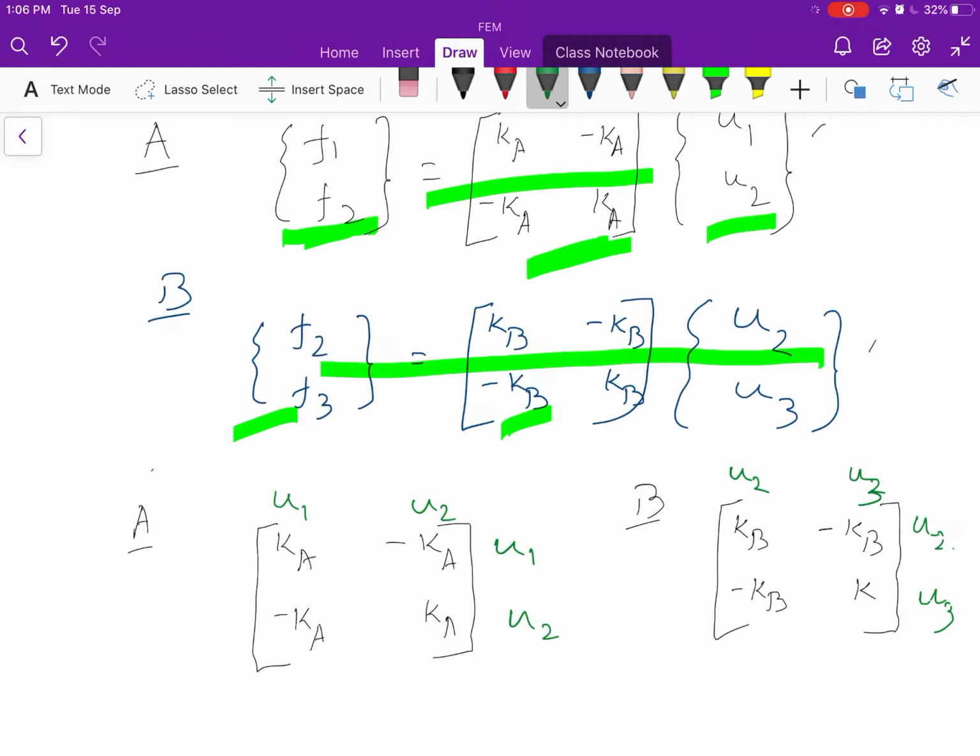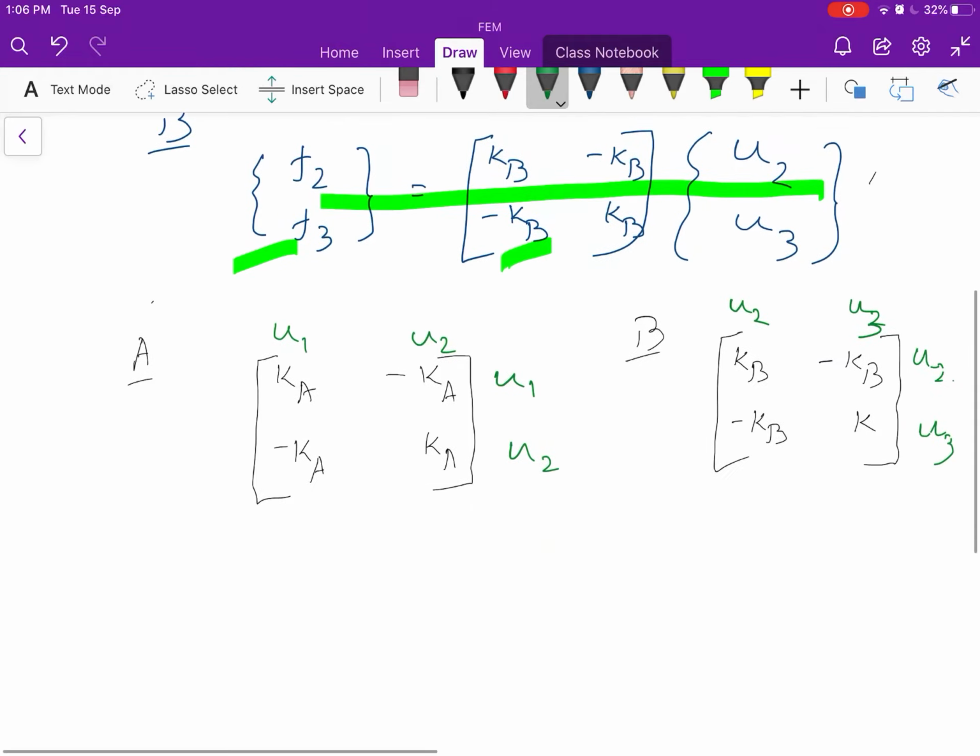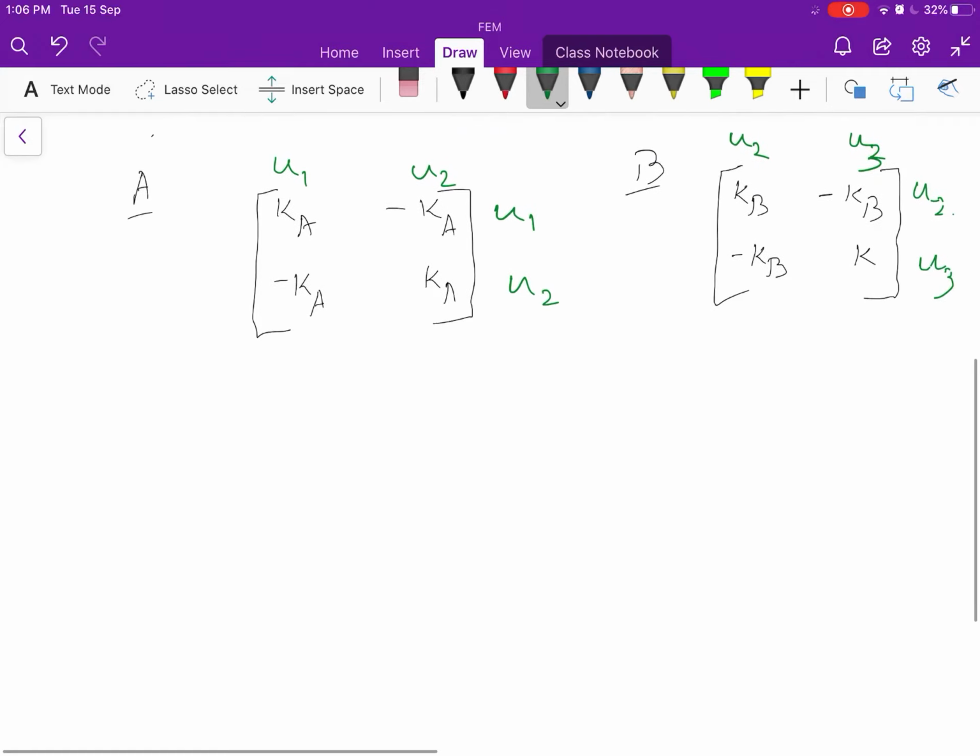Okay, fine. Now, when we look at the global level, that is the whole system at once, the total displacements are of all those 3 nodes. That is, we would have to consider all the nodes u1, u2 and u3 for writing the global stiffness matrix.